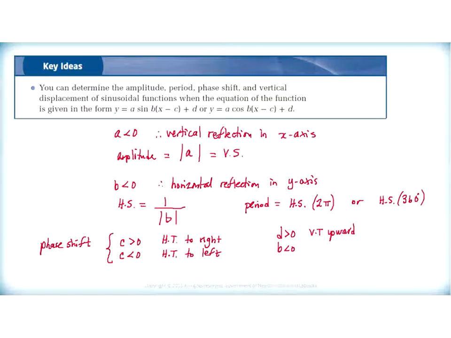If d is less than 0, you have a vertical translation downward. And this affects the vertical displacement of your function. That will also give you the equation of your sinusoidal axis, which will pass through y equals d. So that's what each of the parameters a, b, c, and d represent.